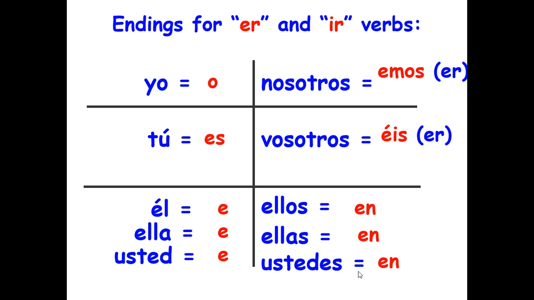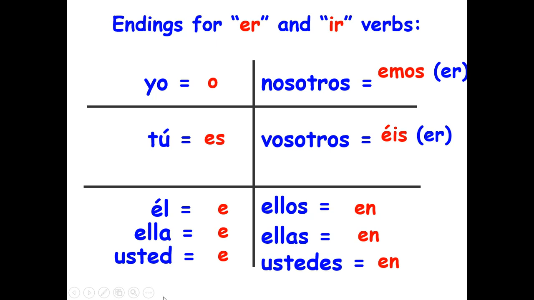IR verbs are very much like ER verbs. There's only two differences. With IR verbs, you take off the IR and you add O for yo. For tú, you're still going to take off the IR and add es, just like you do for ER verbs. Él, ella, and usted for IR verbs, take off the IR and add e. Those three are exactly the same for ER and IR verbs.